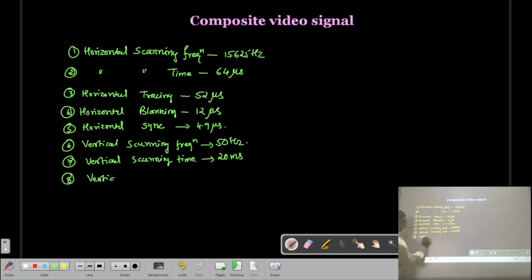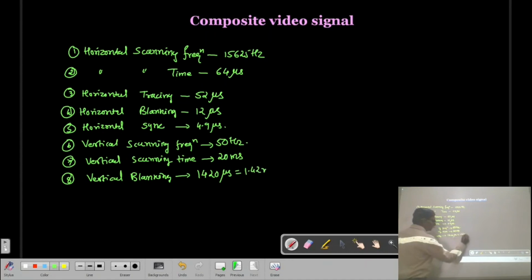Then the vertical blanking is 1420 microseconds, or you can say 1.42 milliseconds.